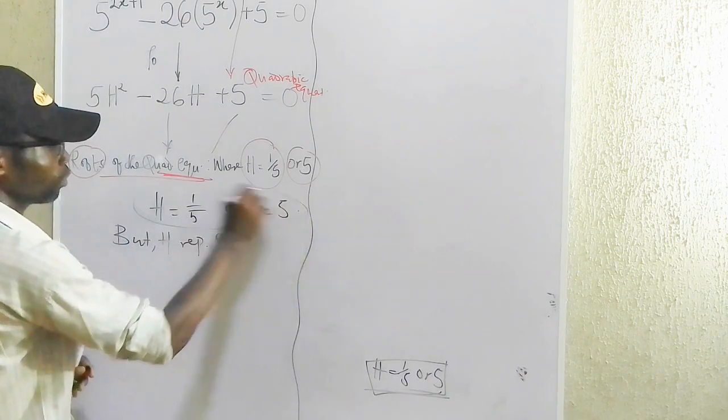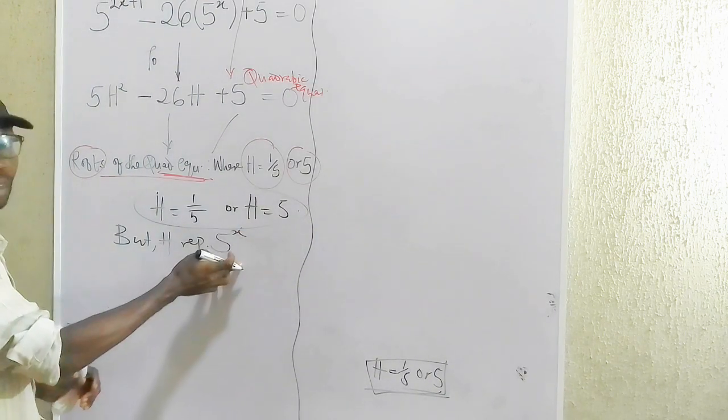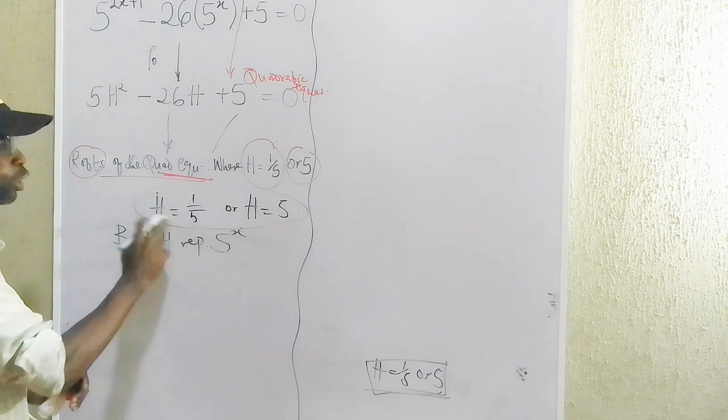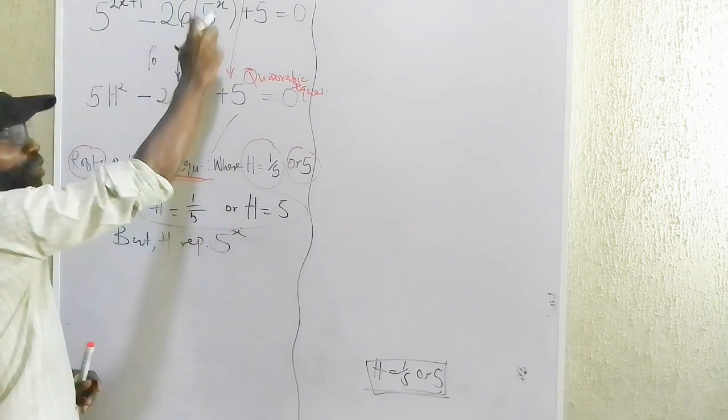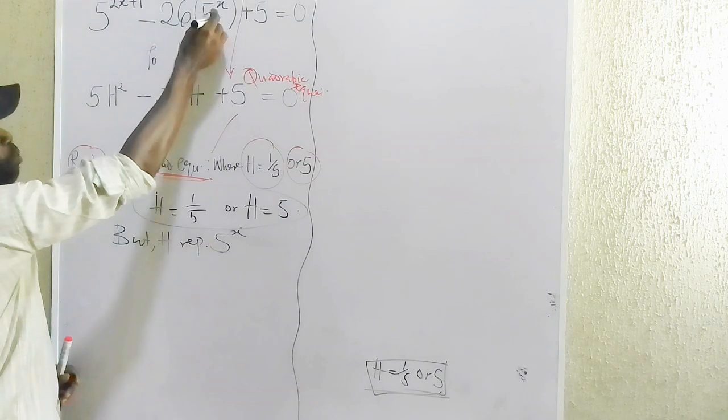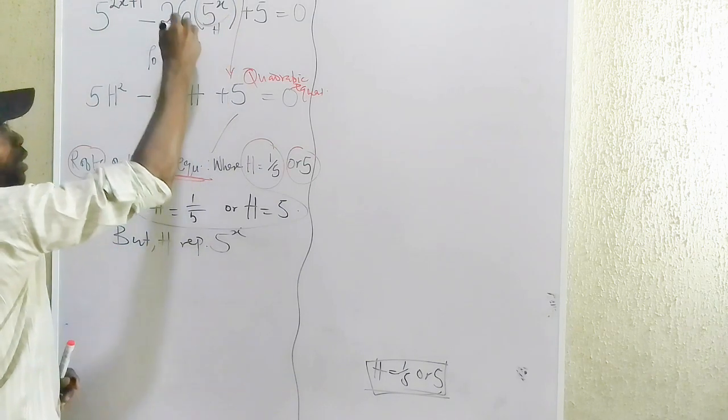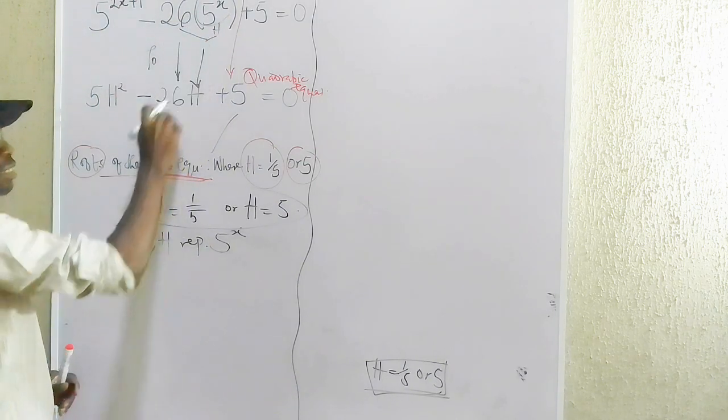Wherever we see H, we replace it with 5 raised to the power of x, as we started from the beginning. It was replacing this with H that made us arrive at this.